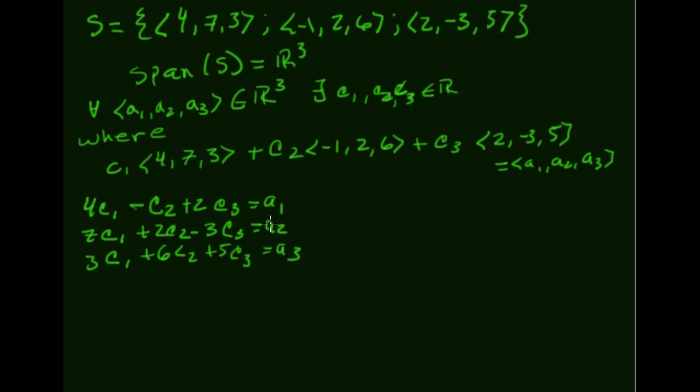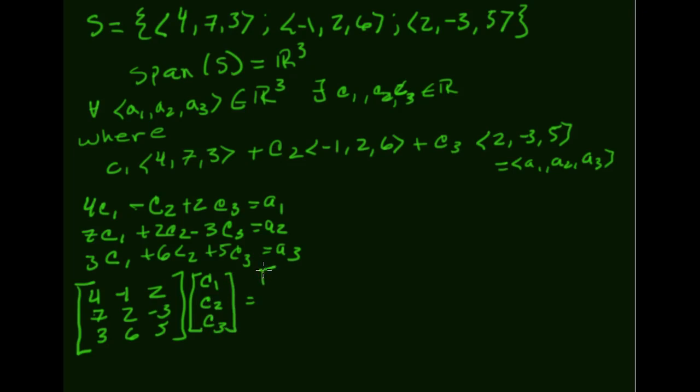So instead of building this into an augmented matrix, I'm going to build it into a matrix equation: 4, negative 1, 2, 7, 2, negative 3, 3, 6, 5 times C1, C2, C3 is going to equal A1, A2, A3. Let's call this one P, this one C, and have that equal A.